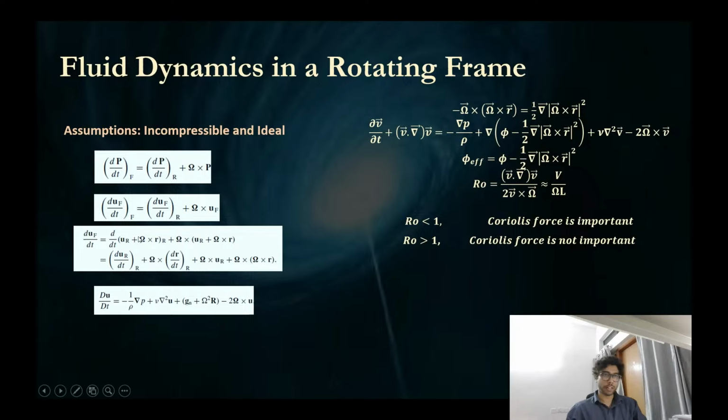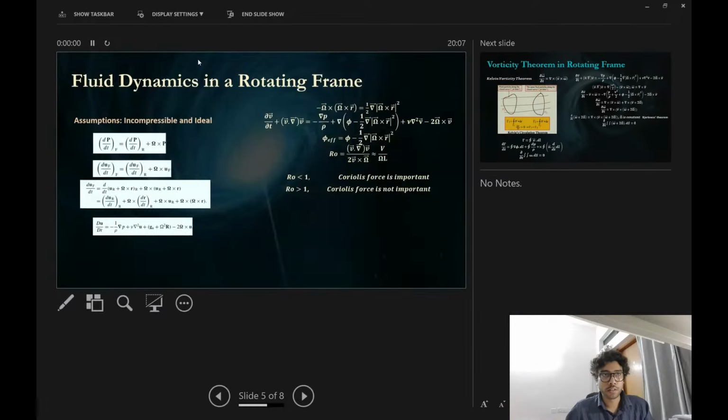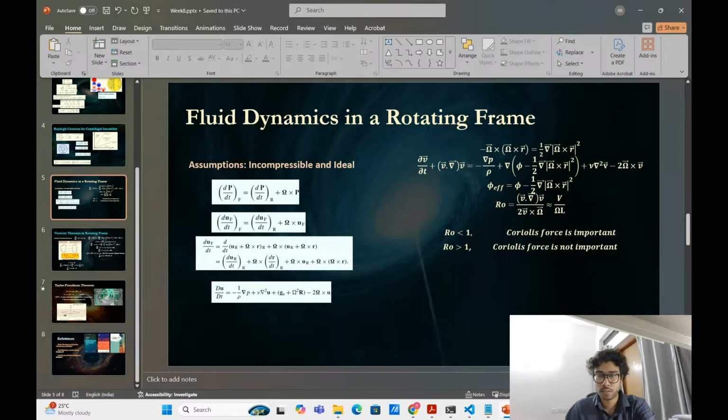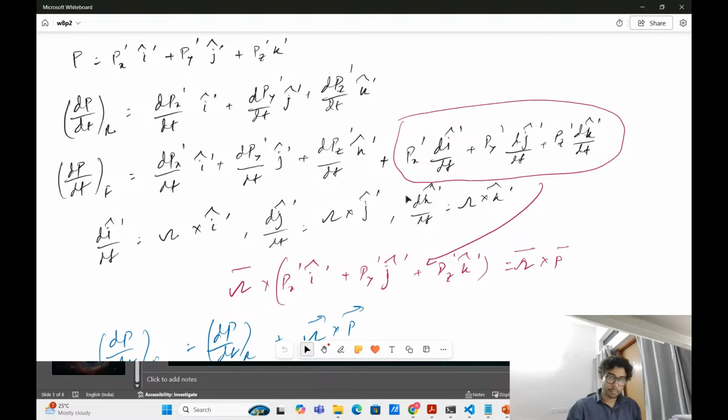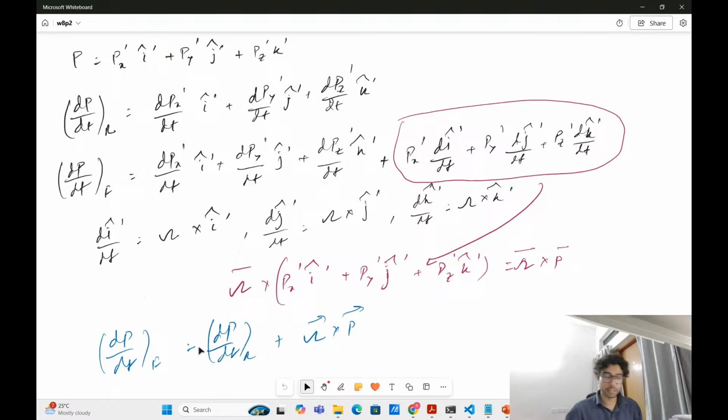Let me also show how this becomes. Before putting u in place of p, we can also put the position vector in place of this p, right?